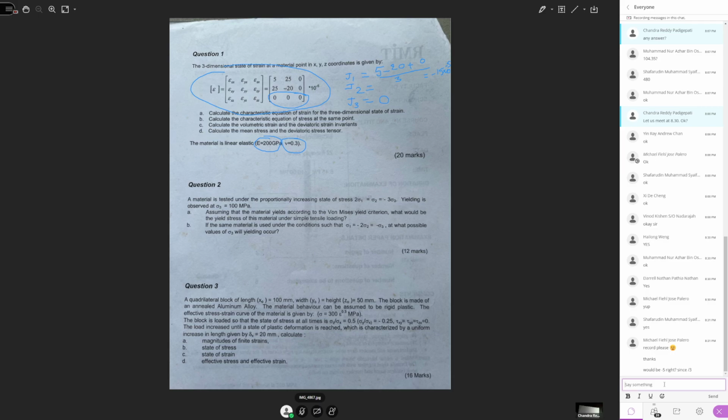Then we need to write the characteristic equation for the stress at the same point. Then calculate the volumetric strain and the deviatoric strain. Then calculate the mean stress and the deviatoric stress. Please note that there will be 20 marks for this type of question.